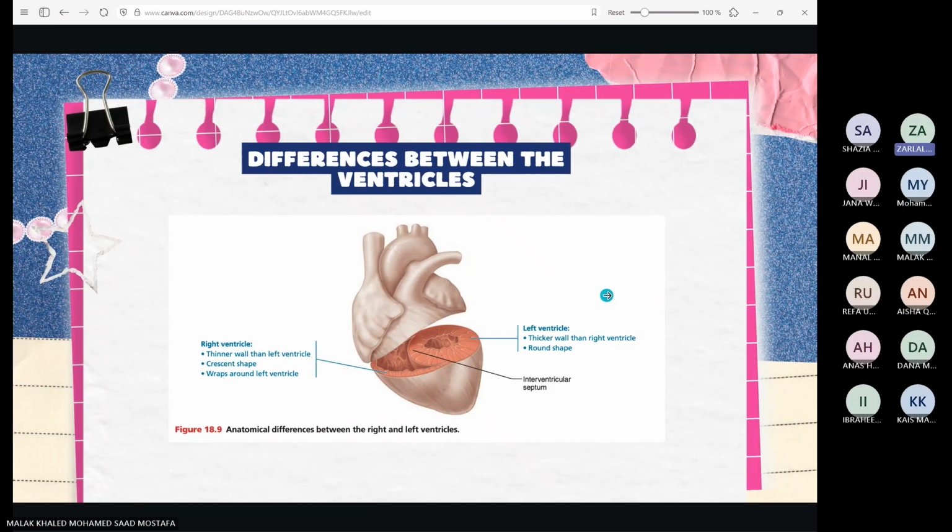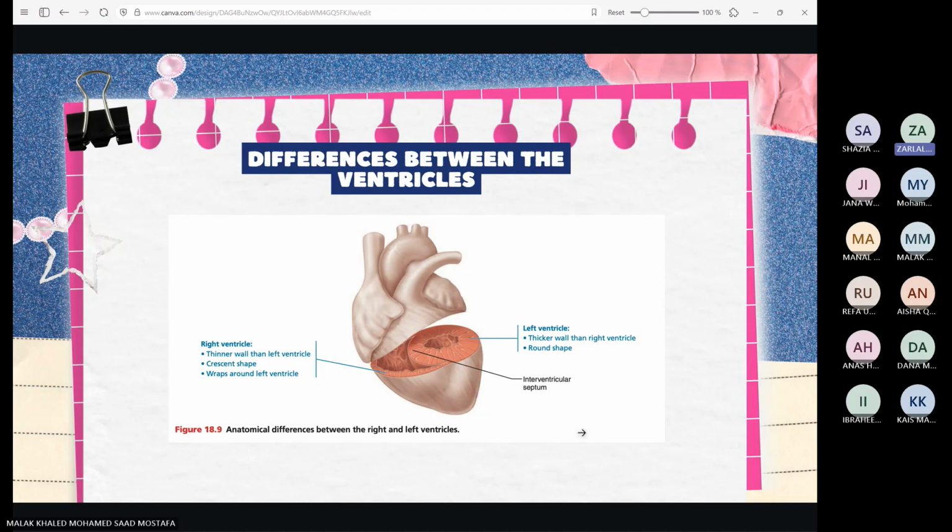Okay, sorry. So we talked about, in the first question, the differences between the ventricles. Keep in mind that the left ventricle pumps blood to the entire body, so it's systemic circulation, while the right ventricle pumps blood only to the lungs. So there is a huge difference in pressure here, although they have equal volumes.